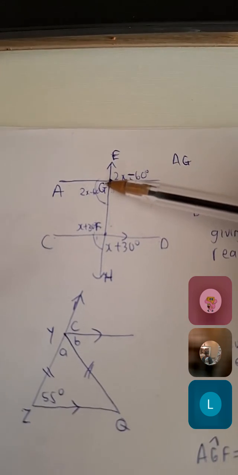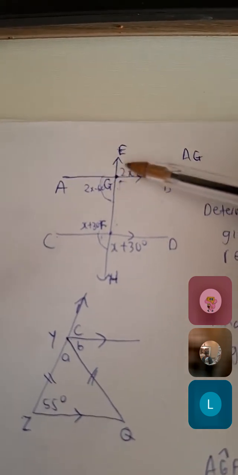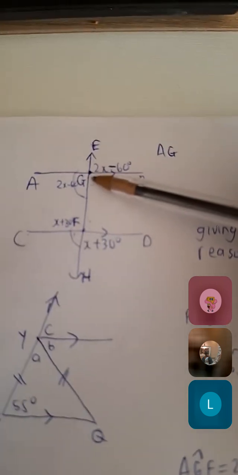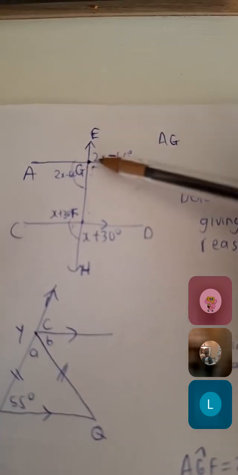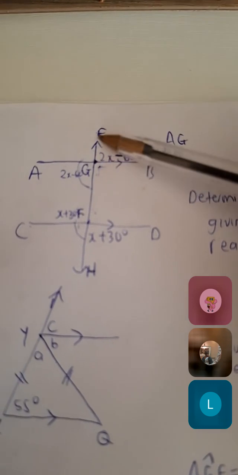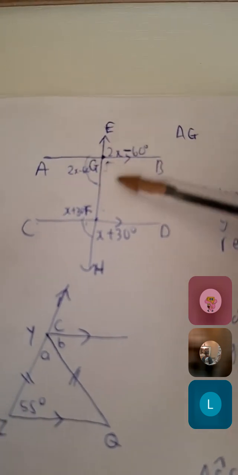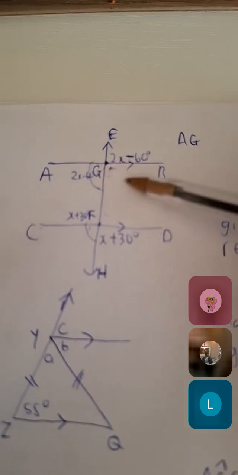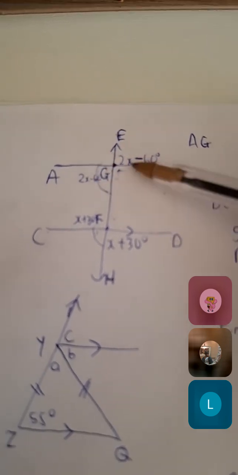Remember, if you say angle G, angle G is broad. It's not specific. Someone else might say G itself is the entire point, and it refers to the entire angle.